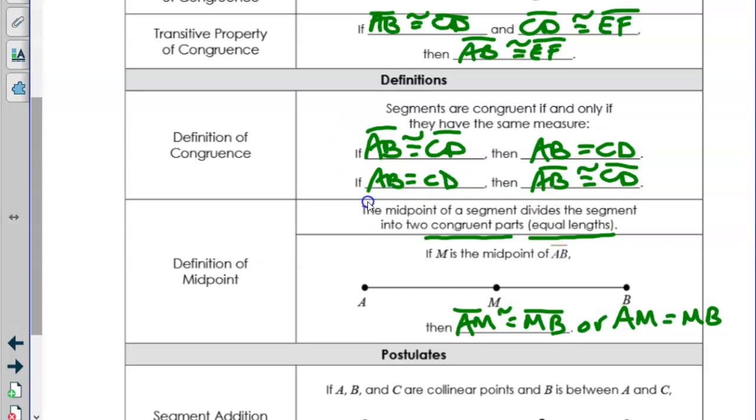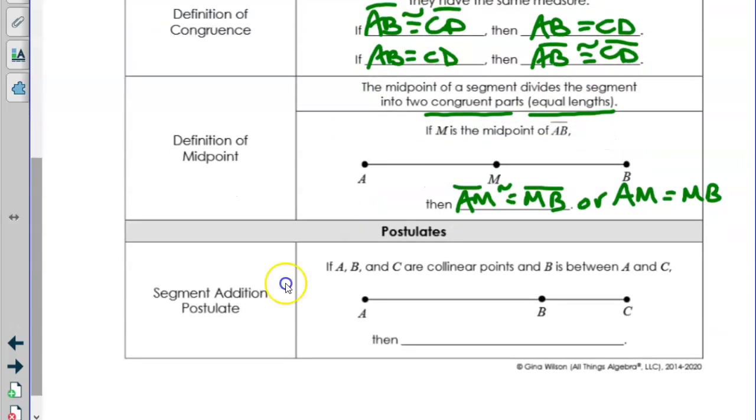The next one is not new. This one should feel familiar, the segment addition postulate. If A, B, and C are collinear points and B is between A and C, does anybody remember what we can conclude? What is the segment addition postulate? Mason. A plus B equals C. You are so close. We're not adding points though. What are we adding?